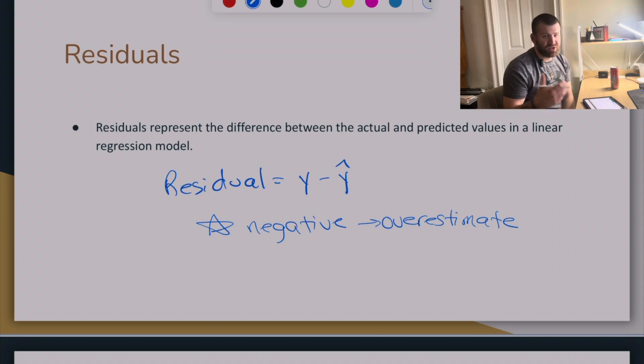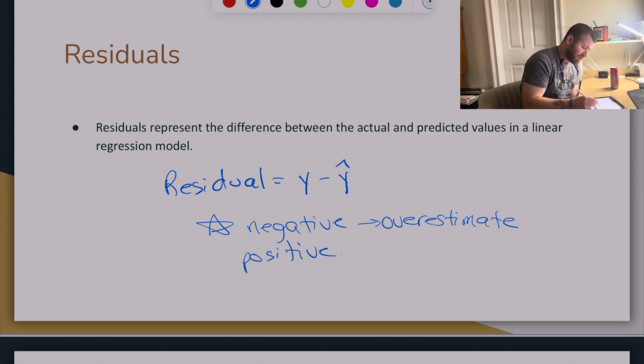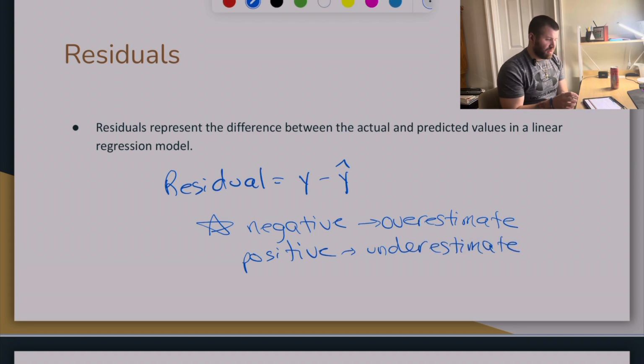If this subtraction is negative, it means the predicted was more than the actual. And on the reverse of that, if the residual is positive, that means the line was an underestimate.